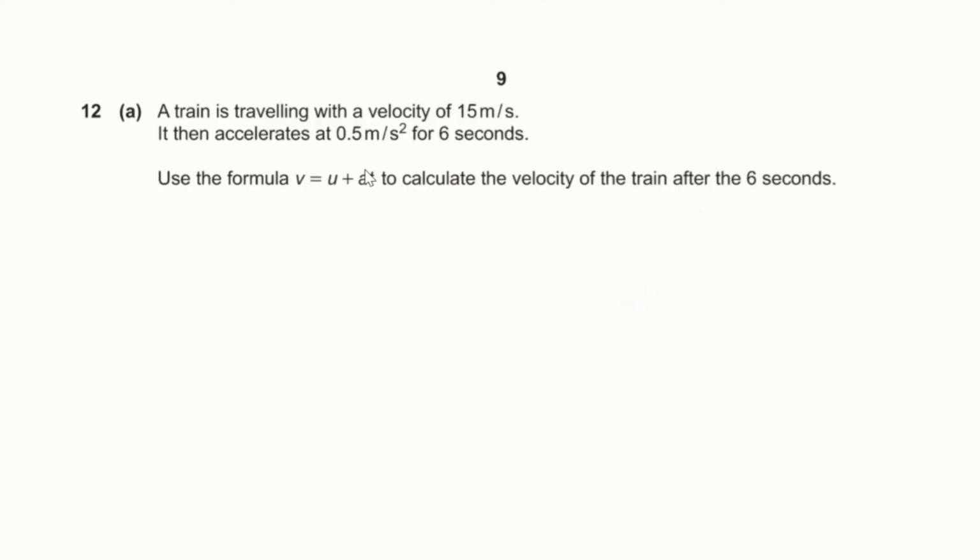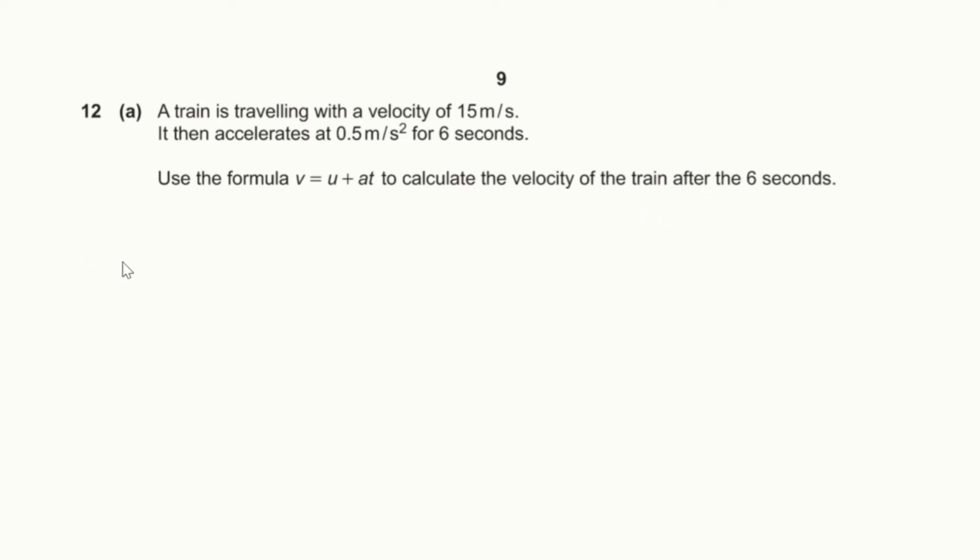Question number 12. For part A, a train is travelling with a velocity of 15 meters per second. It then accelerates at 0.5 meters per second squared for 6 seconds. We have to use the formula v equals u plus at to calculate the velocity of the train after 6 seconds.